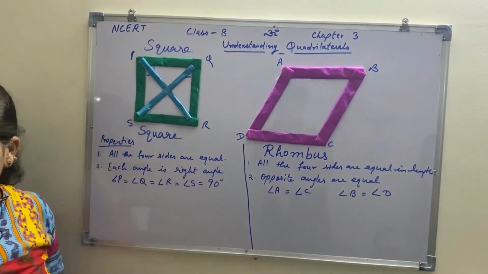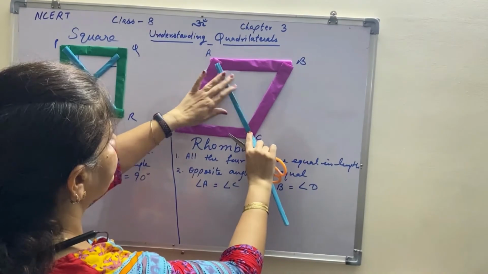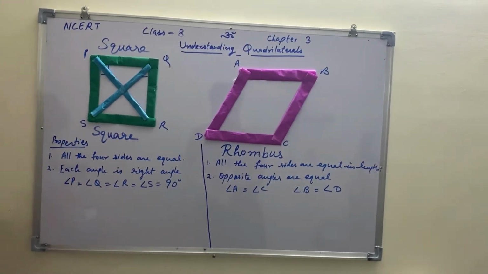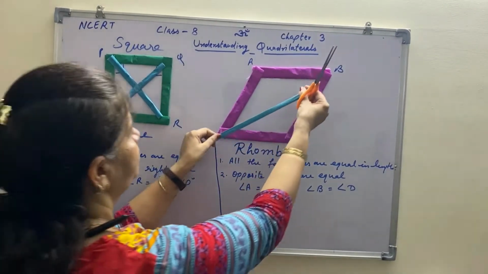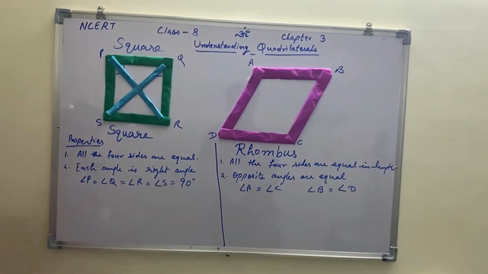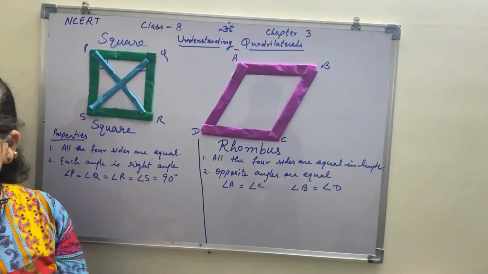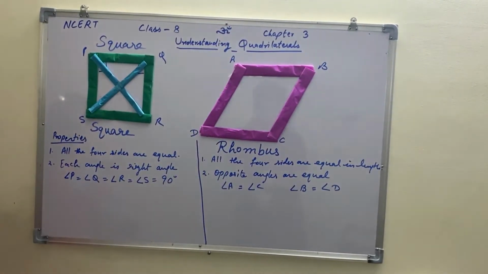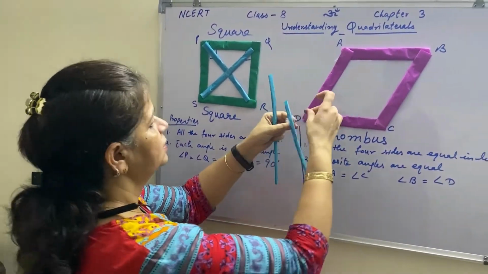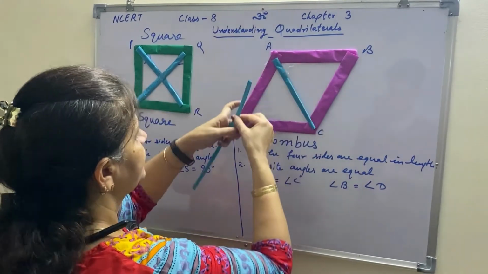And in place of that, if I see for the rhombus, I measure the length A and C, which is one length, and another length B and D. You can see that the lengths I have taken, A and C and B and D, are not equal, because in a rhombus diagonals are not equal in length, while in a square diagonals are equal in length.